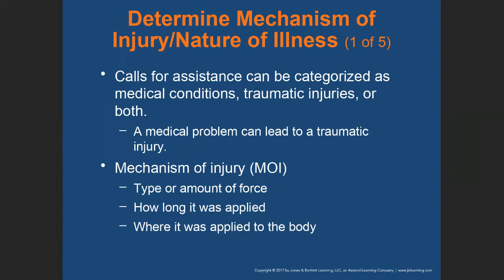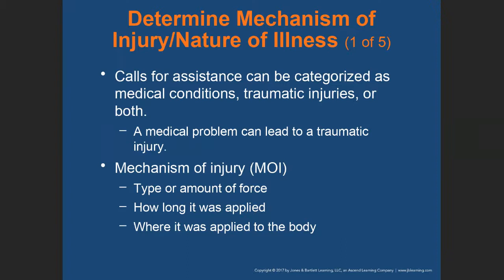If the mechanism is localized, then we will focus on our ABCs and then focus on the injured area, the localized area. So that's the importance of the mechanism of injury.